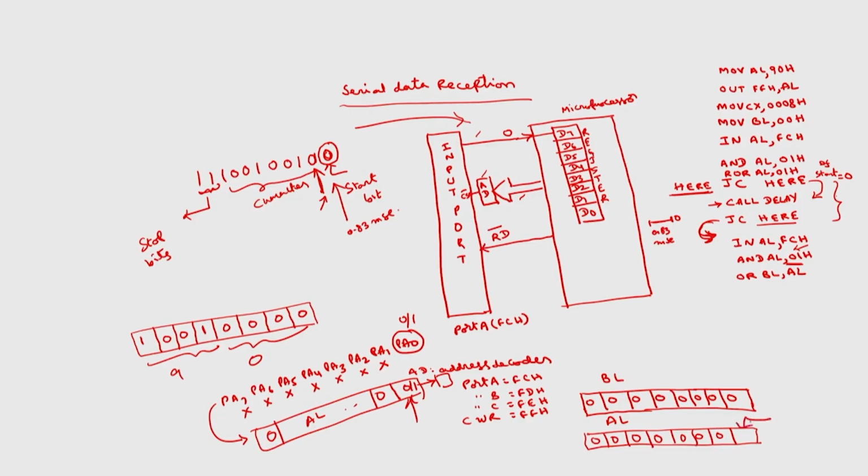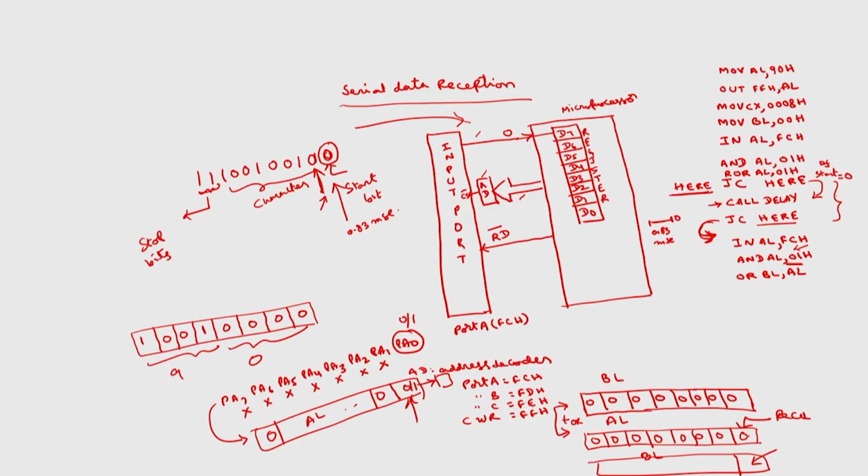This bit will be whatever the received bit is. The received bit can be either 0 or 1. If I OR these two, after this the contents of BL become, the first 7 bits will be 0. I will not consider that.